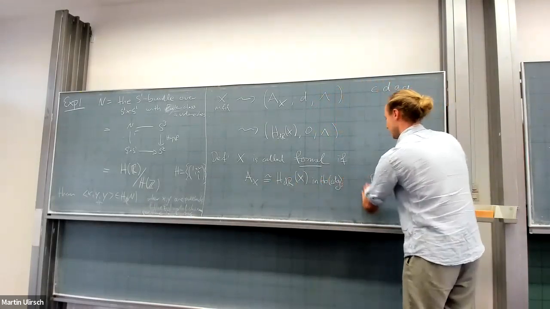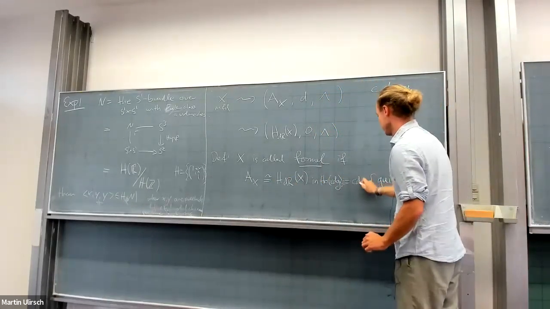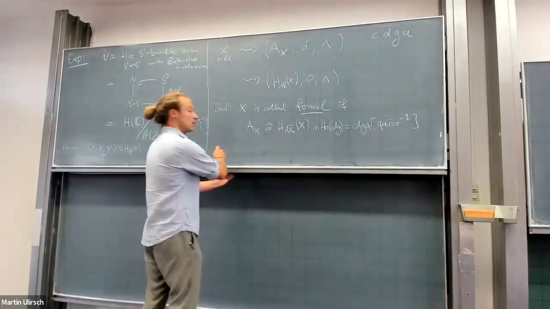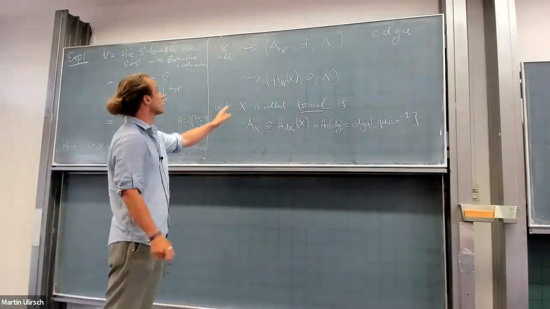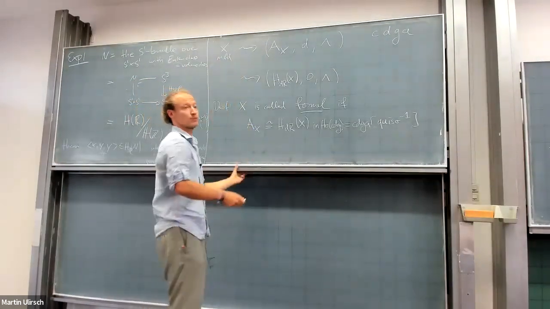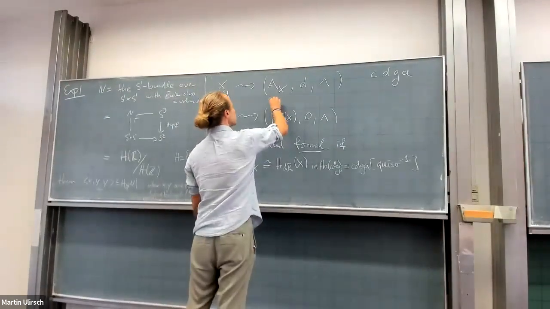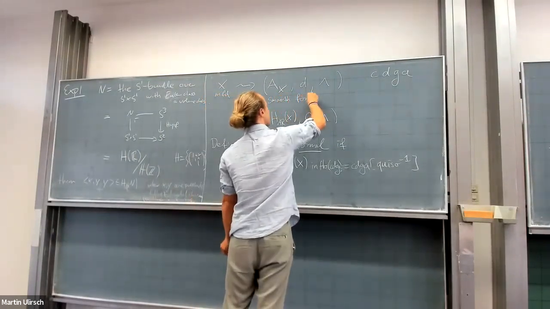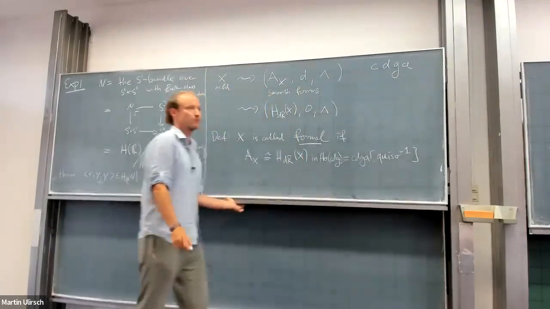And this is the definition. So in more down-to-earth terms, A_X as a CDGA is the space of smooth differential forms.